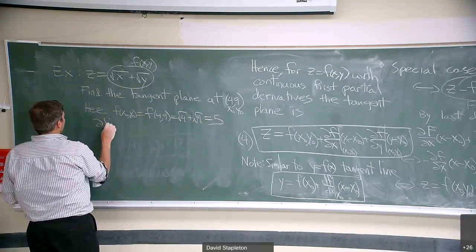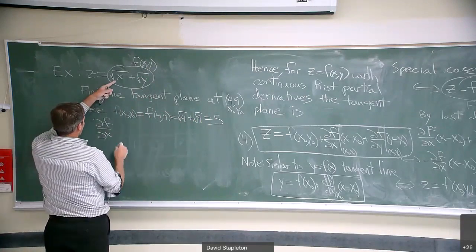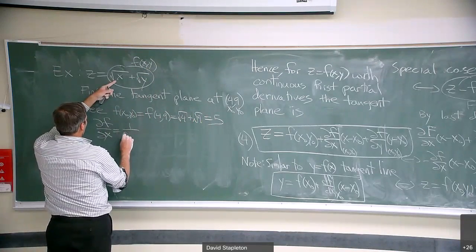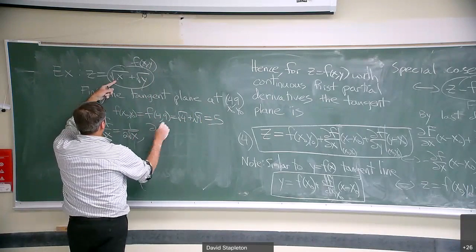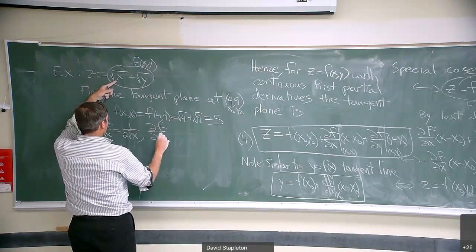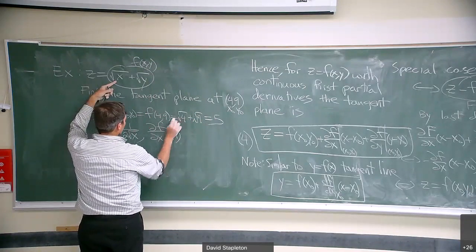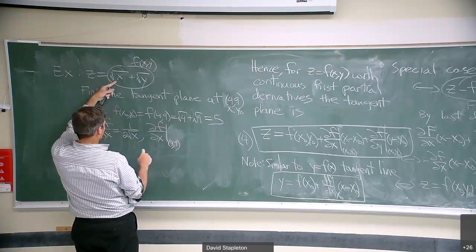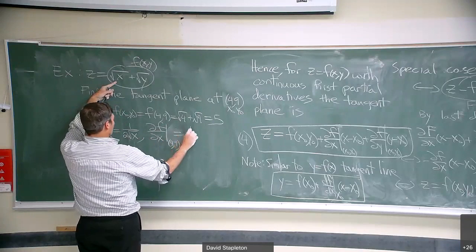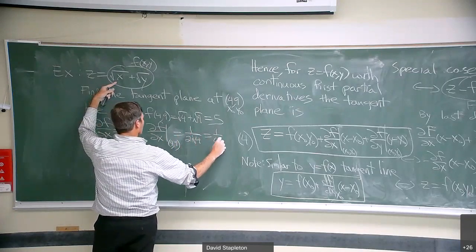Then I have df dx that I need for formula 4, is 1/2 x to the minus 1/2. So df dx at the point in question, 4, 9, is 1/2 square root of 4, which is 1/4.